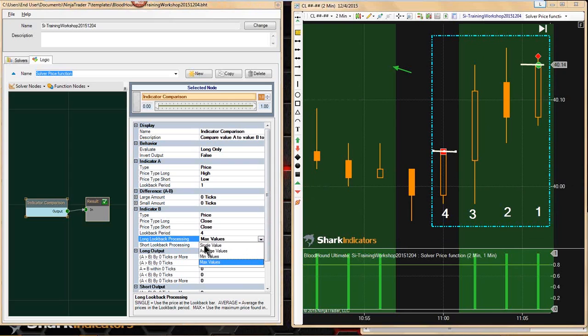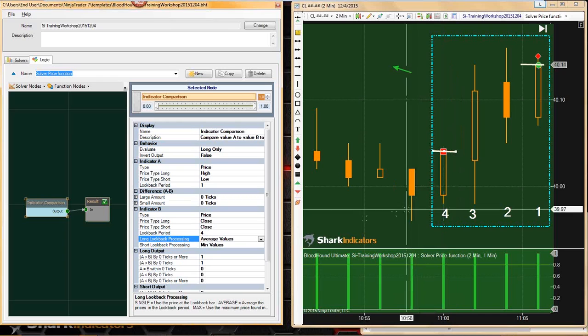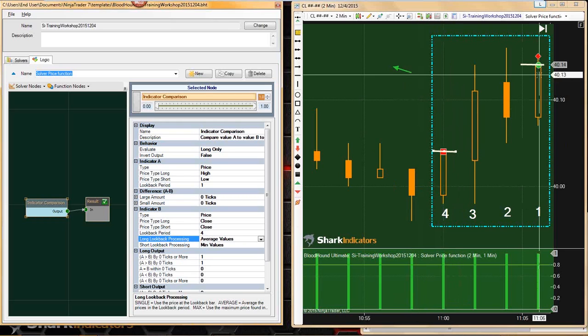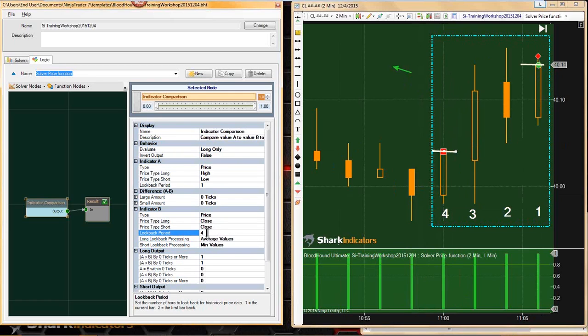All right, so we covered what a single value does. We covered the max and the min, and then the average. The average is a little harder to visualize, but it's going to calculate the average value of the 4-period look back. So an average value would calculate what the average of the closing price is for the last 4 bars. Essentially, that's what the SMA does.